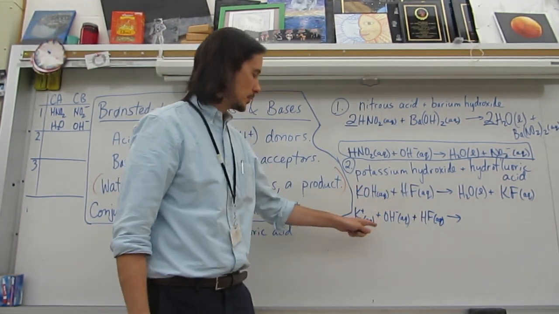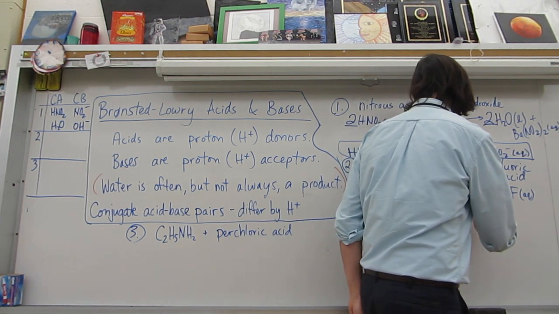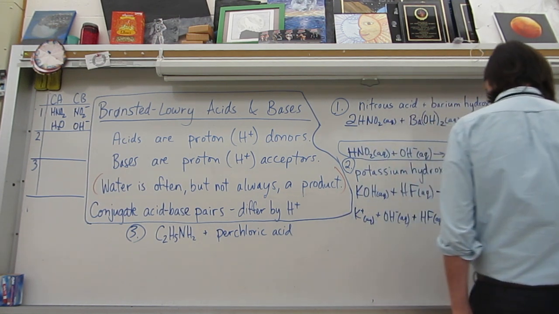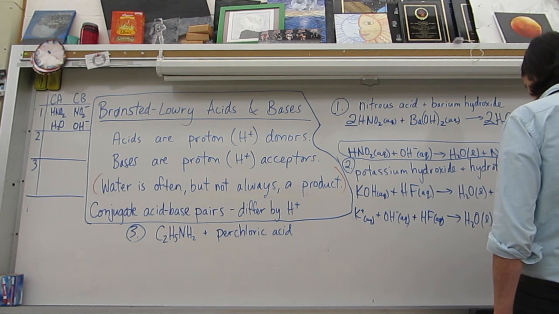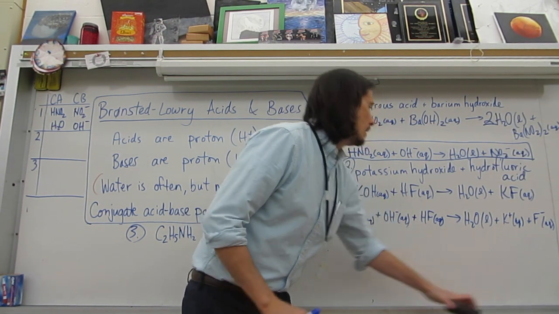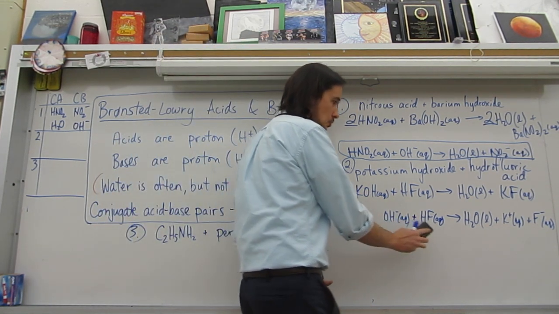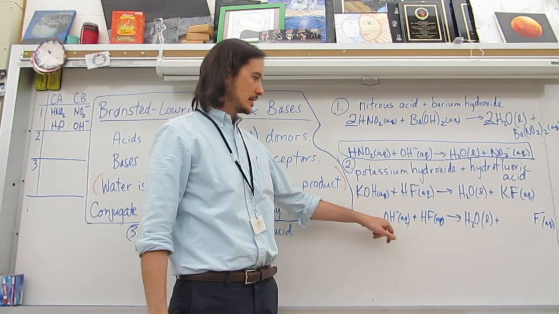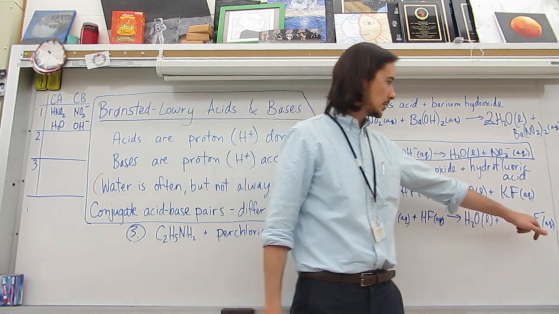And this is going to donate a proton to the hydroxide. Keep that. And get rid of spectator ions. There's only one thing that's strong here, so the only spectator is potassium. So now our net ionic equation has hydroxide plus hydrofluoric acid yields water plus fluoride.